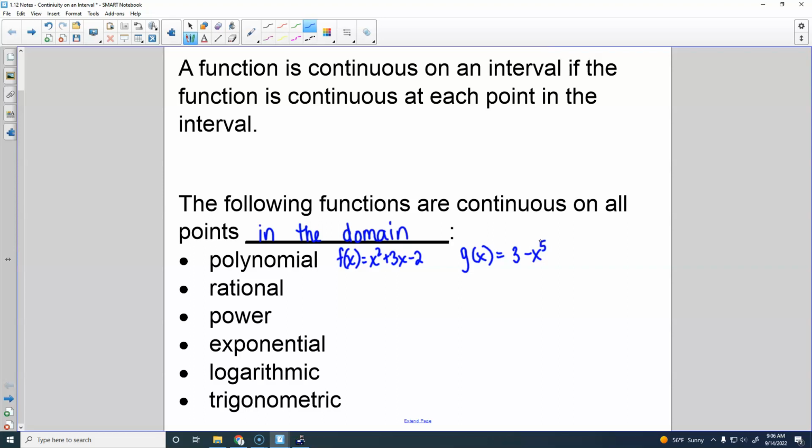Rational functions. So, rational functions are going to be fractional. So, f of x equals x plus 2 over x minus 4. Now, it's continuous everywhere in the domain. So you do still have to know about the domain. What's the domain for this particular rational function?